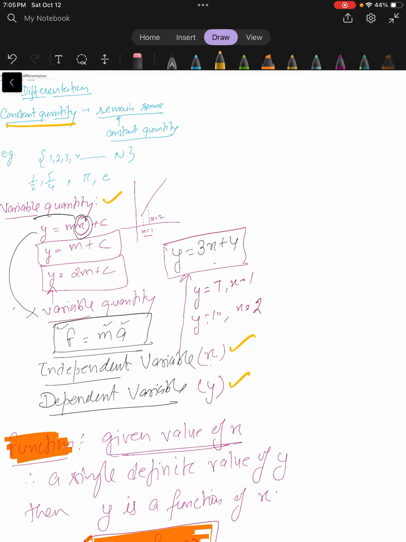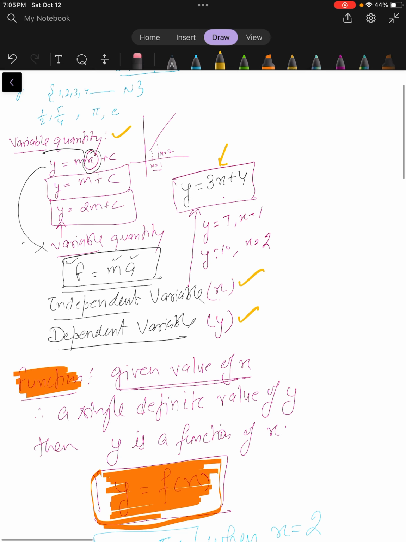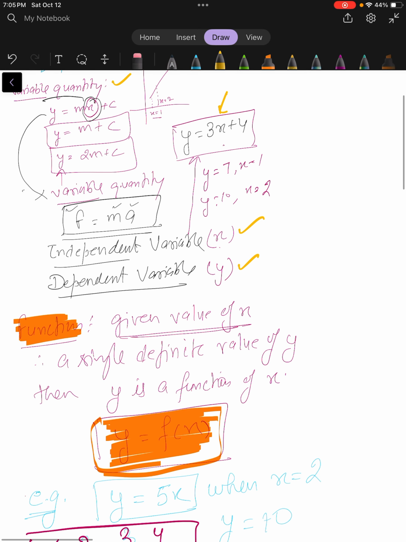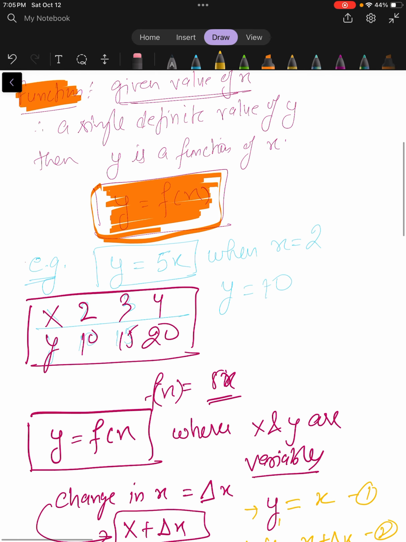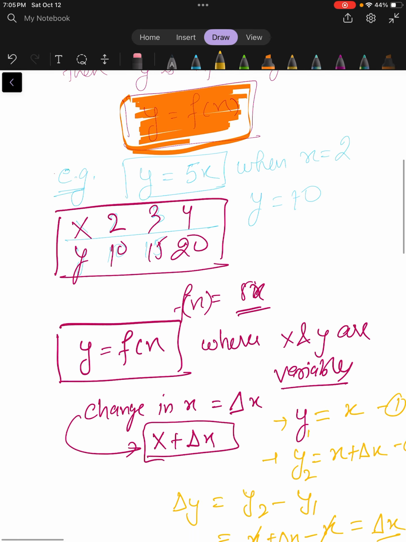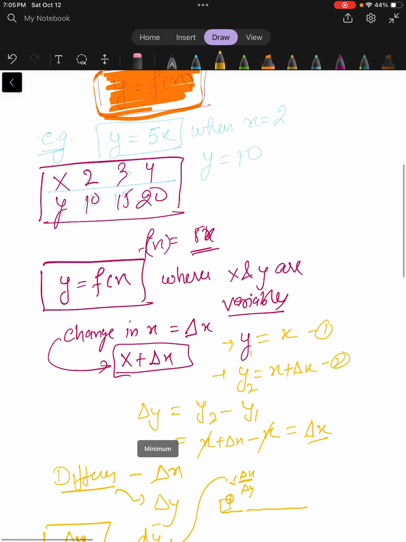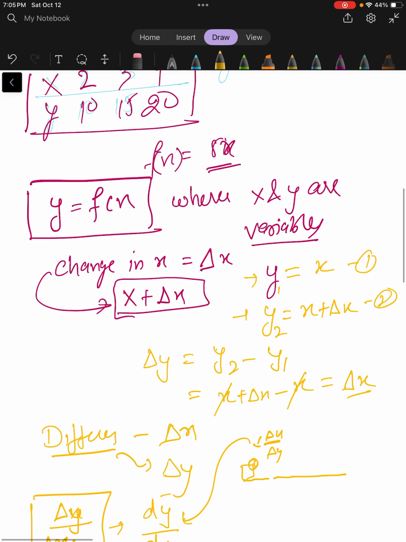So if I write an equation, y is equal to 3x upon 4, here x is an independent variable and y is a dependent variable. Okay, then we discussed function. So y is equal to f(x) is a function. When we substitute the value of x, we can derive the value of y. Okay, then we found the change in x and the change in y.